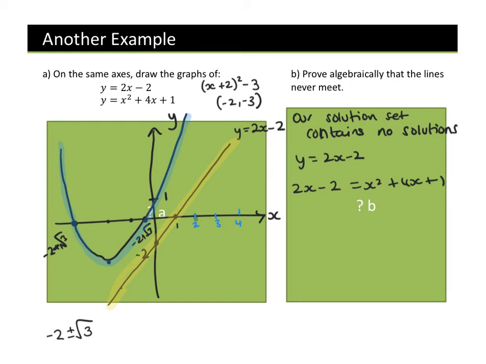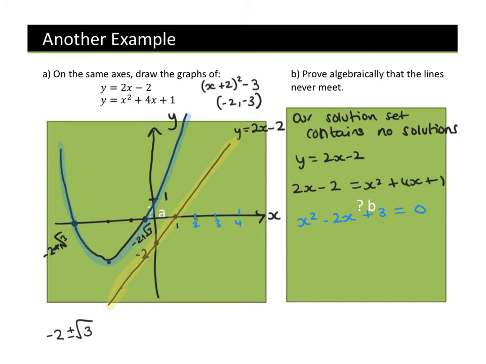Then for this one, we'd have x squared minus 2x plus 3 equals 0. If we put that into our calculator, what do we get? 1 minus 2 and 3. What's it called? Imaginary? Yeah.